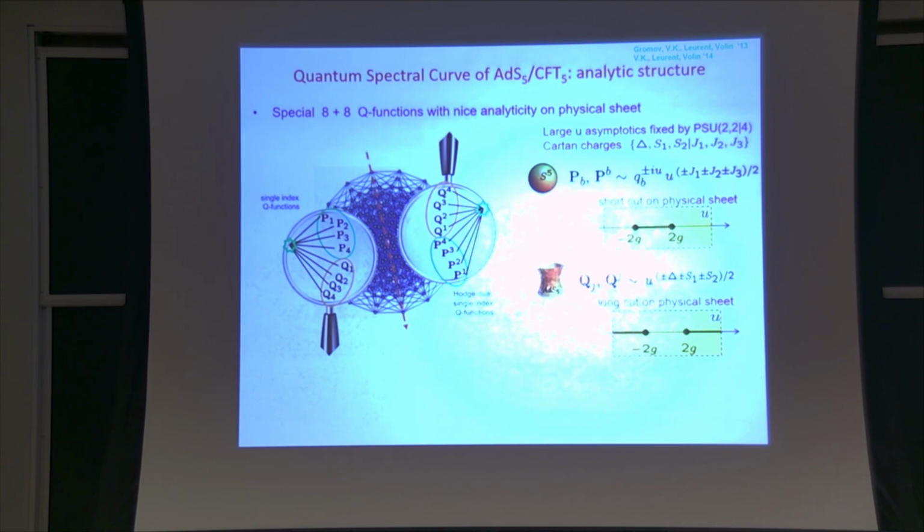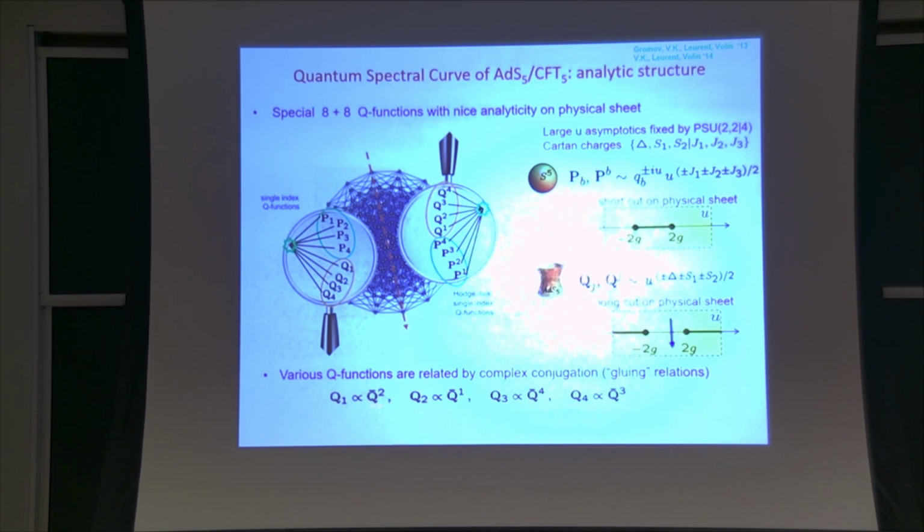The only thing which is left is to find some monodromy, which relates what we see when we go under the cut. And here there are very nice relations which stem from even the classical spectral curve. You relate these Q functions to those Q functions.